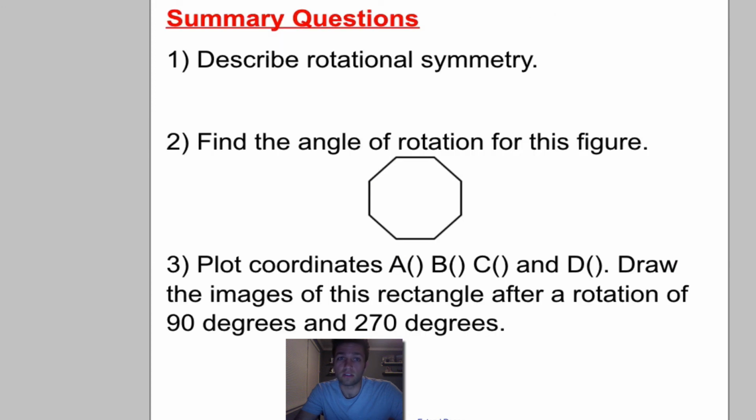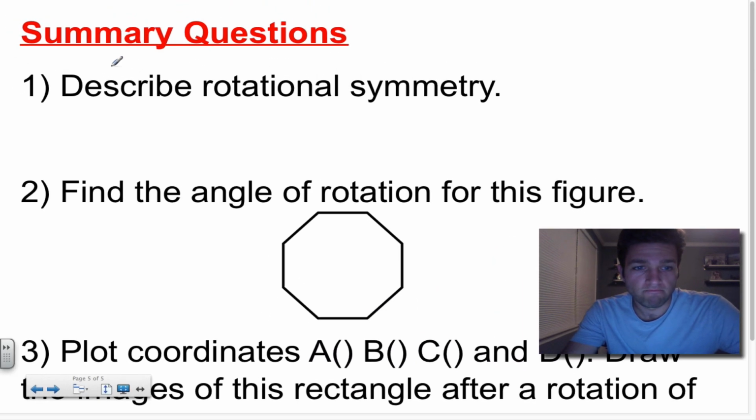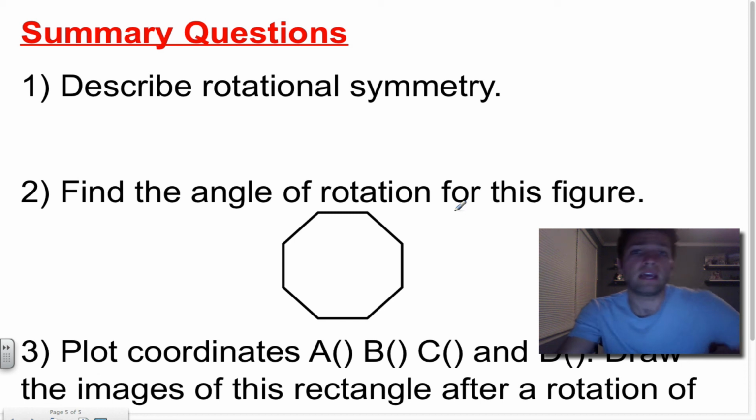So here are your summary questions. There's 3 of them. And I'll make the screen big again. Okay, so give them a try, write them down, give your best answer. I'll check them in class. We'll go over everything. If you have any questions, send an email or write it down to remind you to ask me in class.